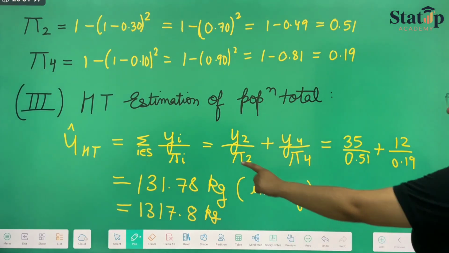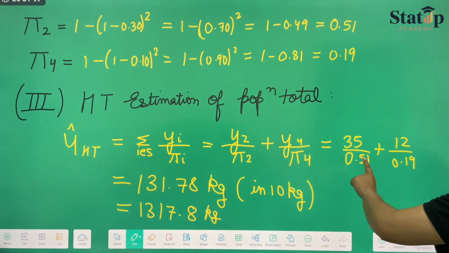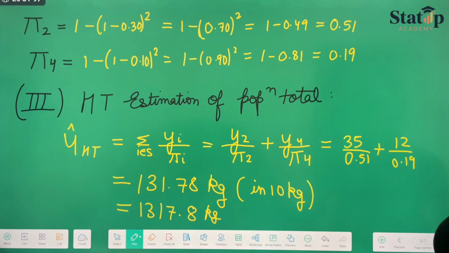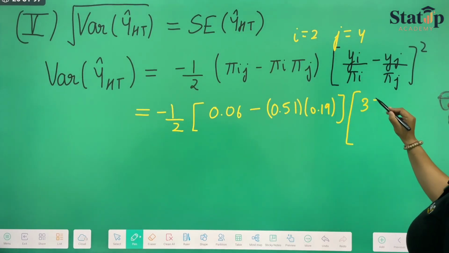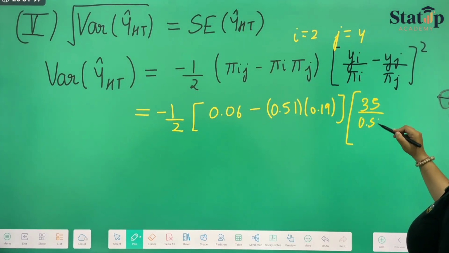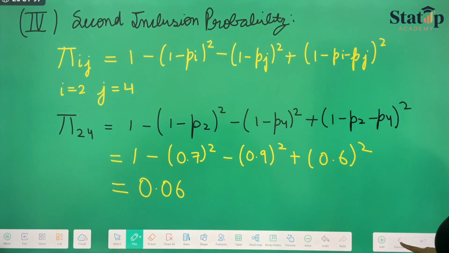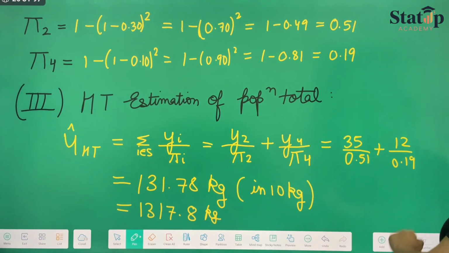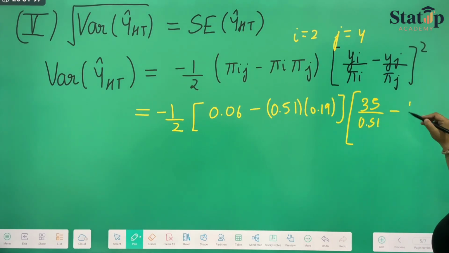With this also we have calculated yi upon pi i: 35 upon 0.51, minus yj upon pi j, which is 12 upon 0.19, whole square.